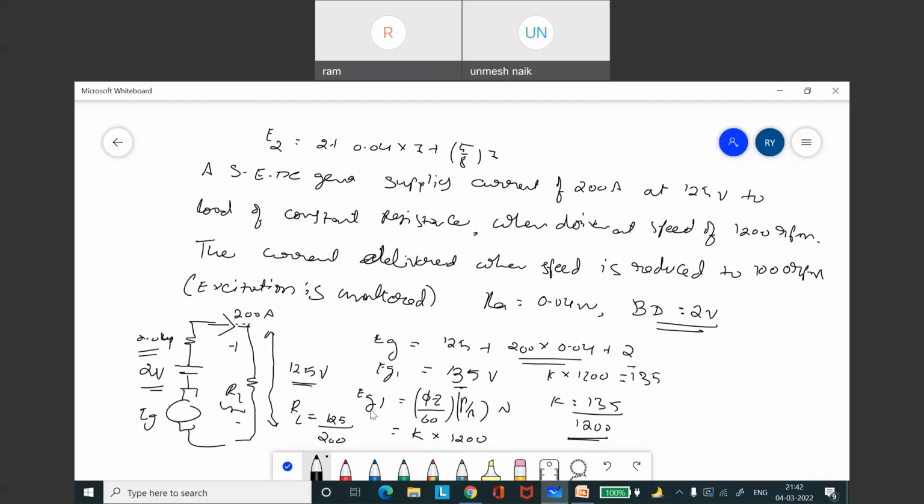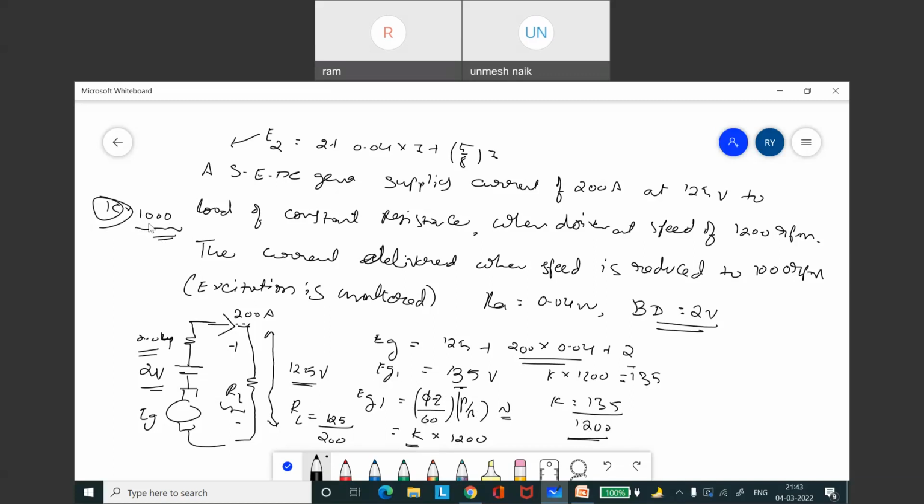We know that the induced EMF is given by pi Z by 60 into P by A into N. We know N, so the remaining thing we can call a constant K. So K into 1200 equals 135. K is 135 by 1200. I can write E2 equal to K into 1000 RPM. This is N2. This is a constant, right?